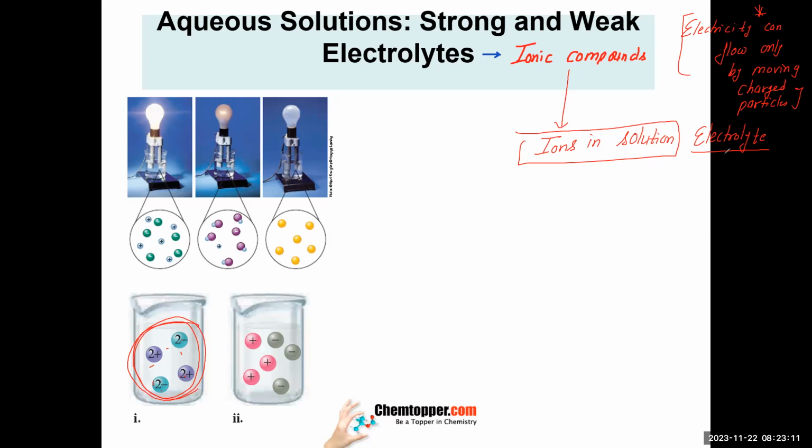But these electrolytes are divided into two categories. One, strong electrolyte, very strong electrolyte. Second, weak electrolyte. What's a strong electrolyte?